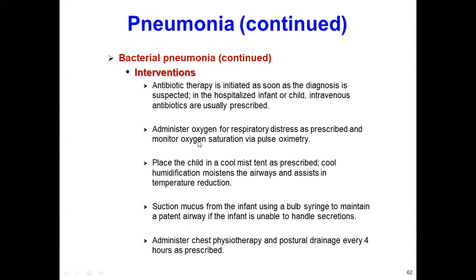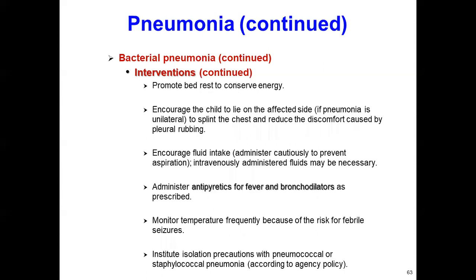Administer oxygen, and place the child in a cool mist tent as prescribed. Also suction the mucus from the infant using the bulb syringe. We are talking about pneumonia in pediatric clients.